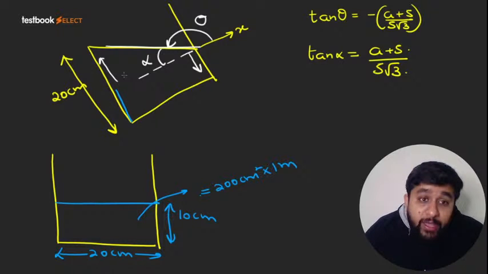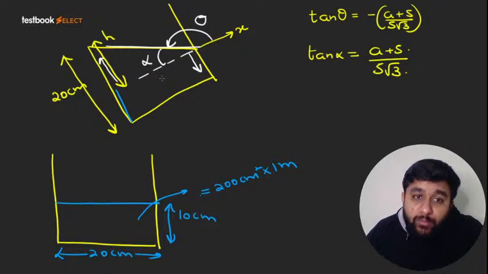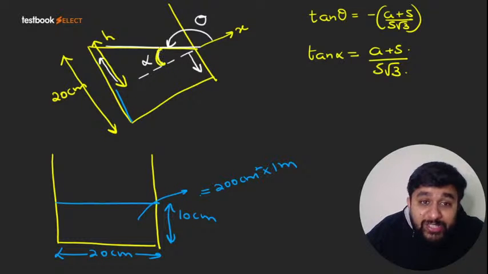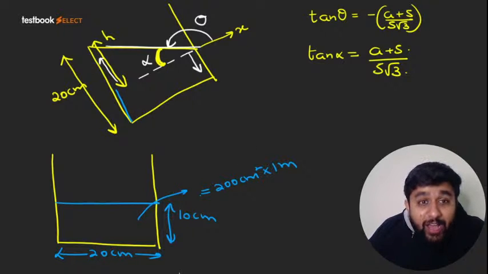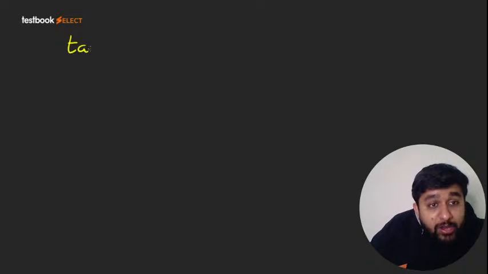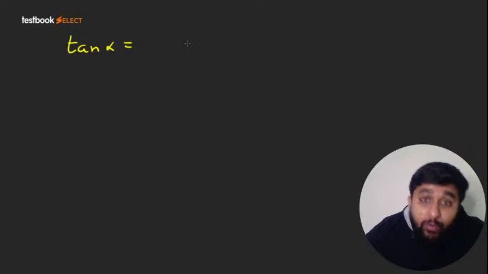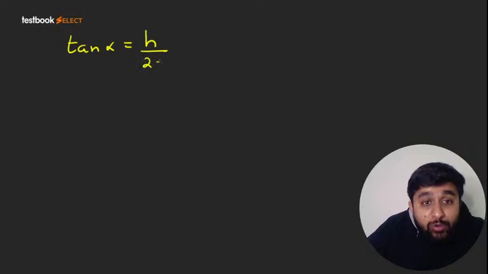Now, let me say the height of triangle, only the height of triangle, that is small h. And if I use this angle alpha, I can say tan alpha is equal to h by 20 centimeter.